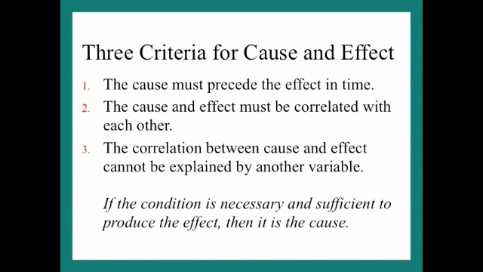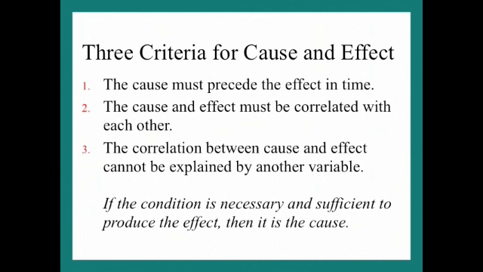The second criterion is that the cause and effect must be correlated with one another. We've talked about correlational statistics, where smoking does not cause cancer; smoking is related to cancer, but smoking does not cause cancer. Those two variables are related to each other, and they have to have some kind of interaction with one another.